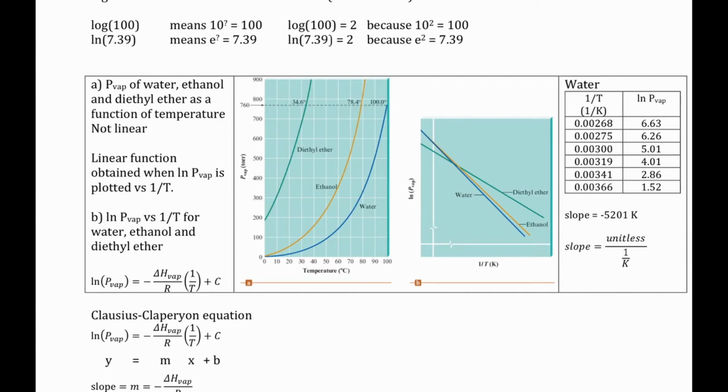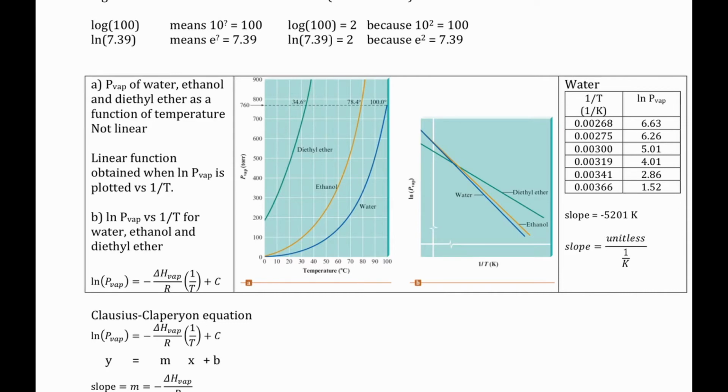And we can get from those data, if we had the data, a linear graph if we plotted not P vap versus temperature, but ln of P vap versus 1 over T, where T is now in Kelvin. And that's what we're seeing in graph B. So ln of P vap versus 1 over T in Kelvin. And then we have linear functions for each of those three different substances.